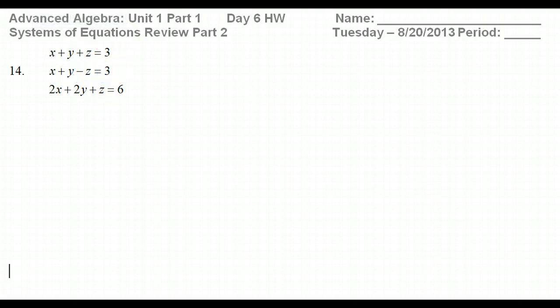So this is going to be really easy because I won't have to multiply by anything. So this is what I'm going to do. Like I just mentioned, I'm going to target the z's. So keep your eye on the z's throughout this process. And let me just label that I am doing the elimination method.